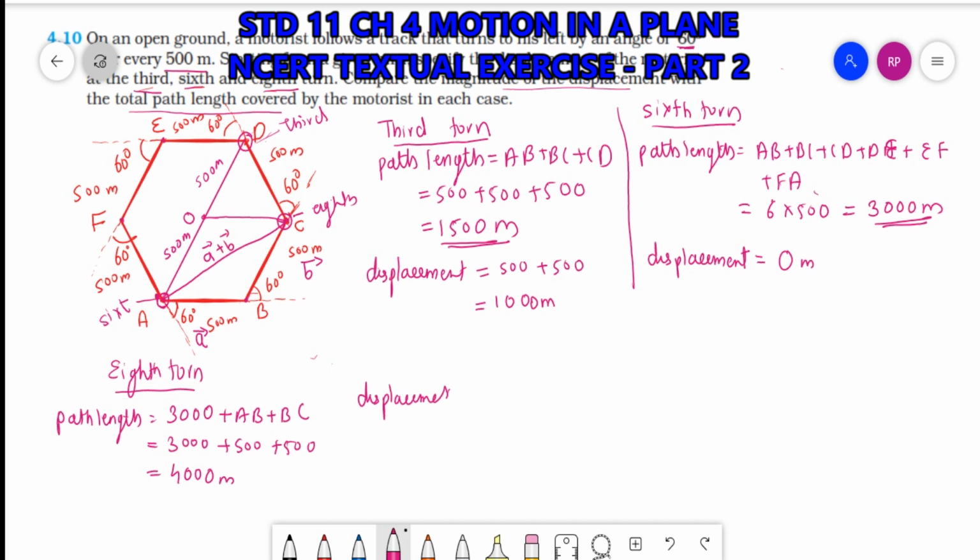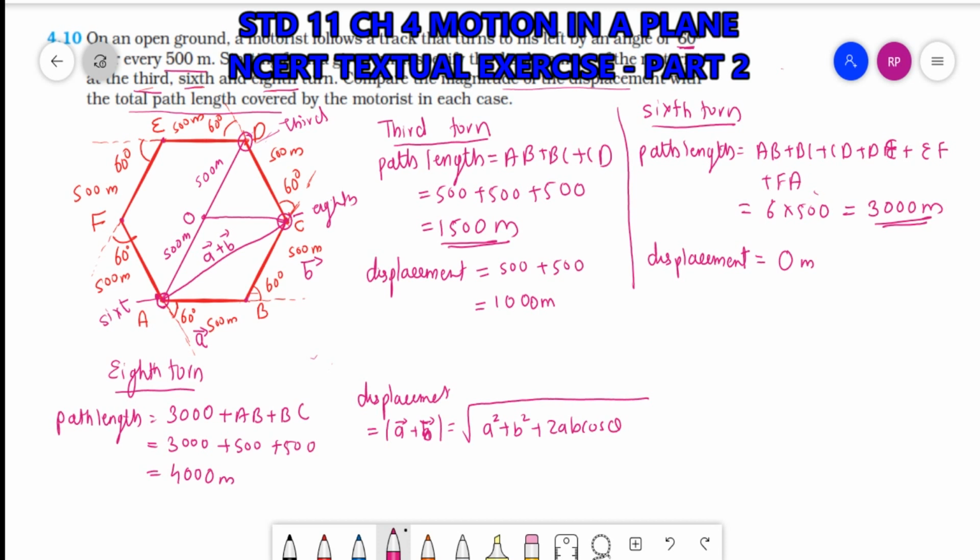So the magnitude of this displacement will be equal to the magnitude of A plus B, and that is equal to under root of A square plus B square plus 2AB cos theta.